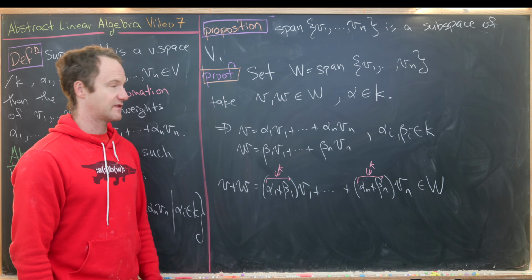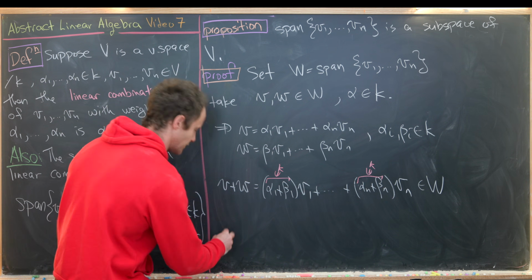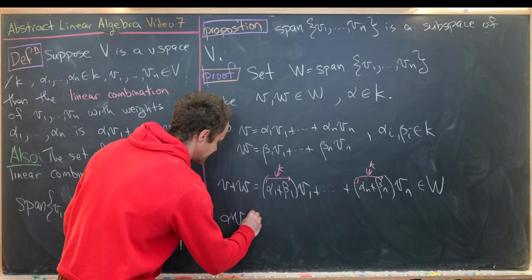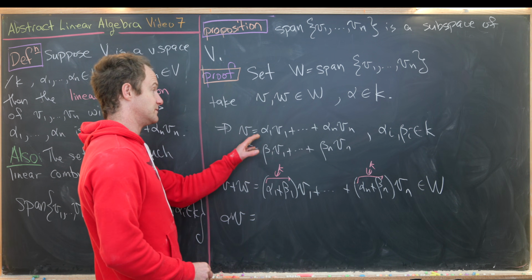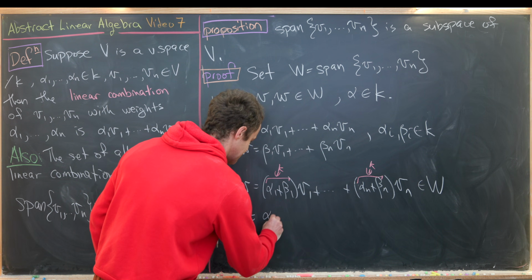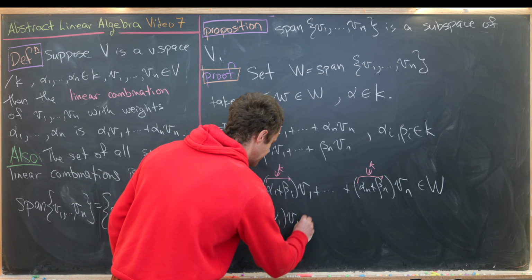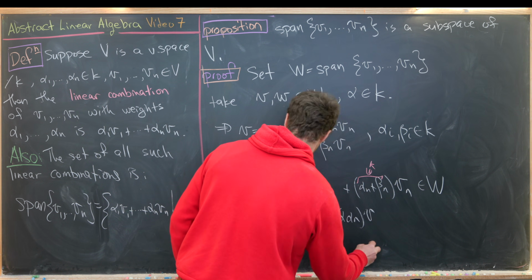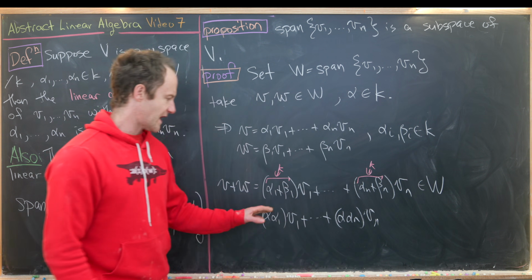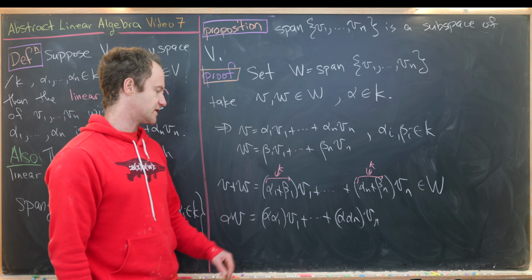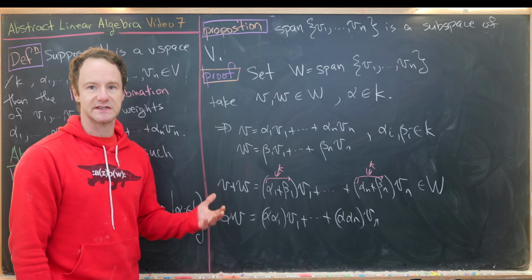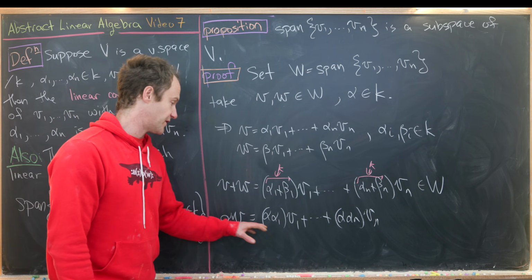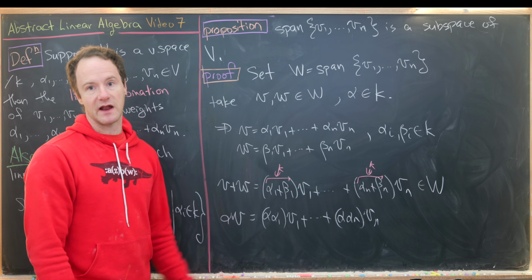Now let's check that it's closed under scalar multiplication as well. So we'll do alpha times v, but just doing the distributive rule, that will give us alpha times alpha 1 times v1 plus up to alpha times alpha n times vn, where we've actually used not only the distributive rule, but the associativity of scalar multiplication with the multiplication in the field to rewrite it like this.